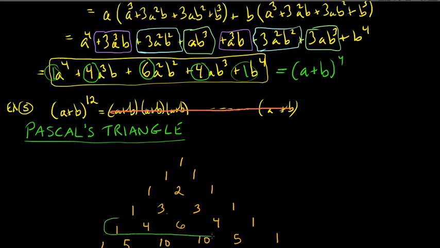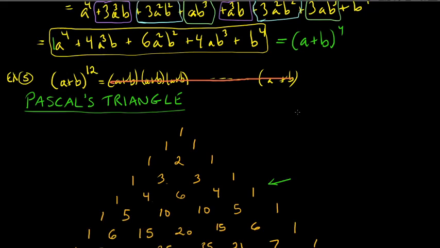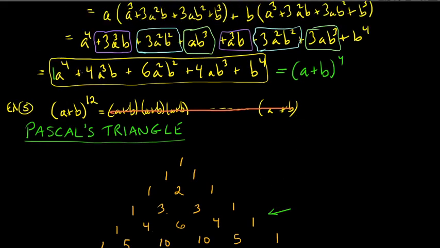Look at this row right here. We have 1, 4, 6, 4, 1. So you can see that the coefficients here are just the numbers in each row of Pascal's triangle. So that's how to get the coefficients.